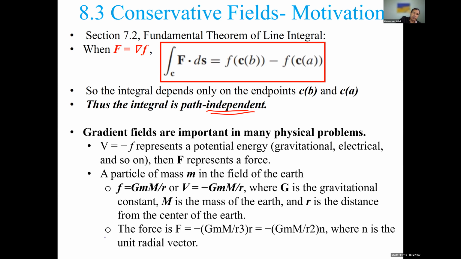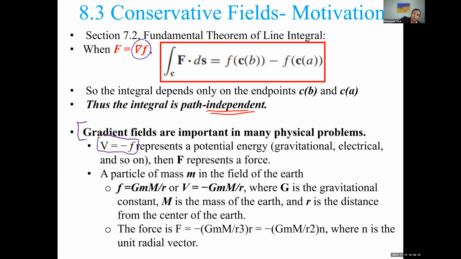So the gradient fields, as you know, are important. This is the gradient. We talked briefly previously about V, or minus F, representing the potential energy of gravitational, electric, and so on.